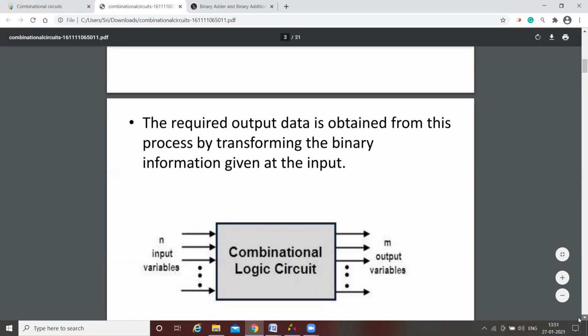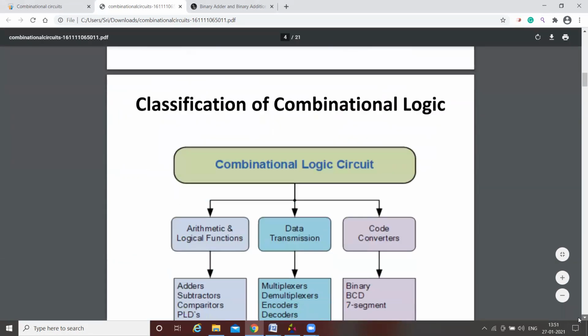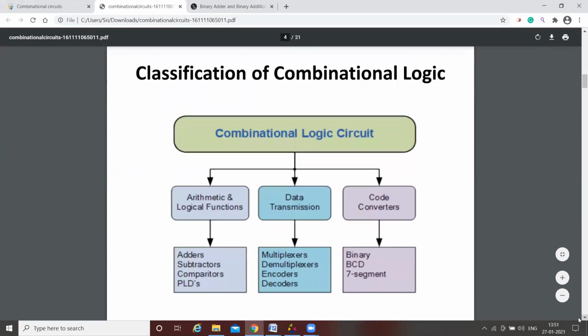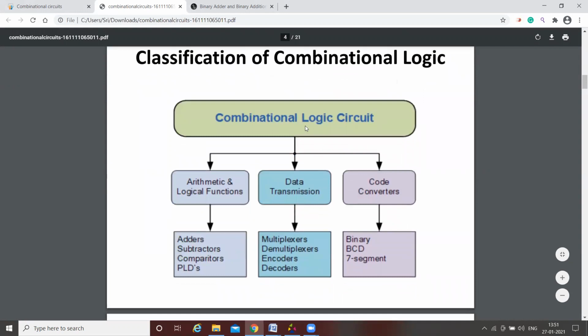And next one is the classification of combinational circuits. Combinational circuits are divided into arithmetic and logical functions, data transmission, and code converters. Arithmetic and logical functions include adders, subtractors, comparators, and PLDs, programmable logic devices.